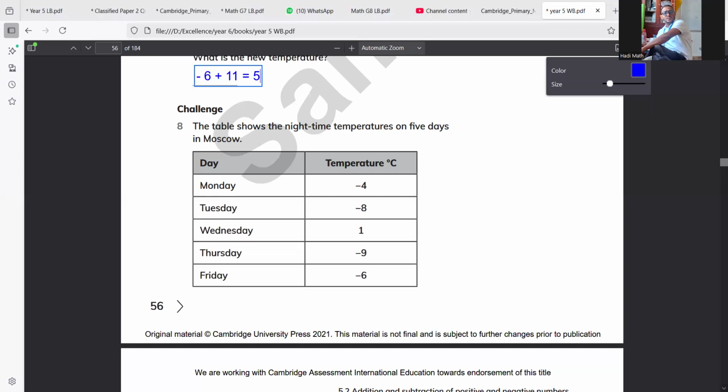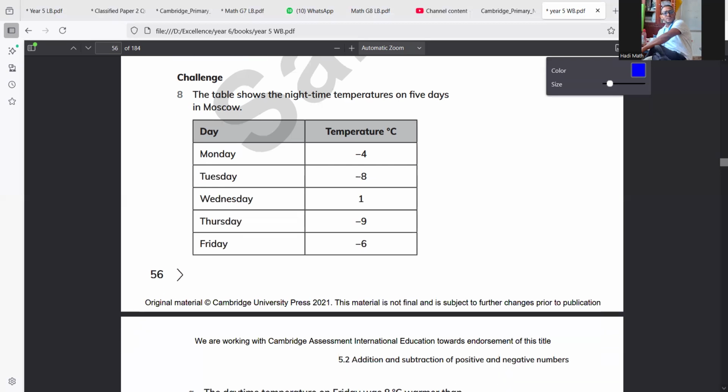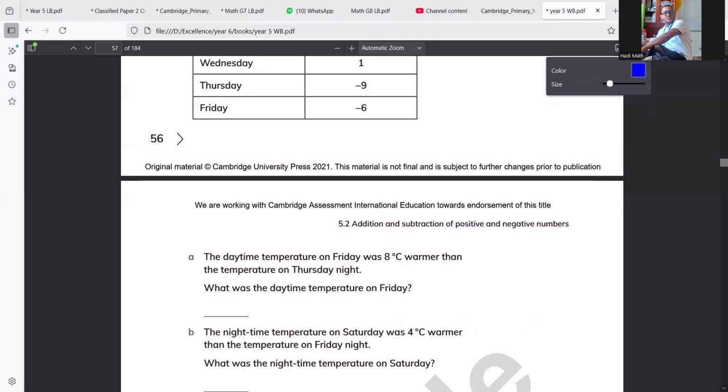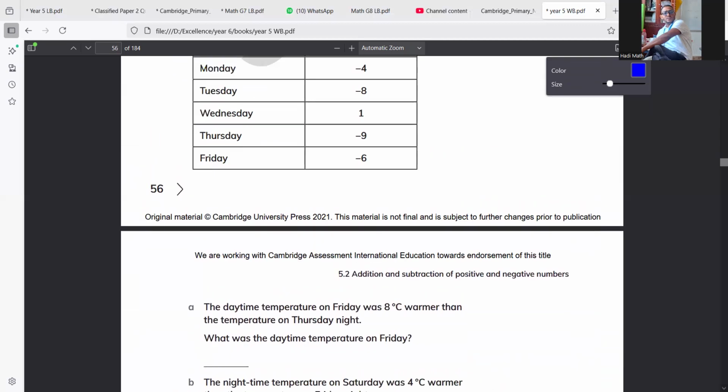The table shows the nighttime temperature on 5 days in Moscow: Monday, Tuesday, Wednesday, Thursday, and Friday. The temperatures are -4, -8, -1, -9, -6. Look at question A. They say the daytime temperature on Friday was 8 degrees Celsius warmer than the temperature on Thursday night.